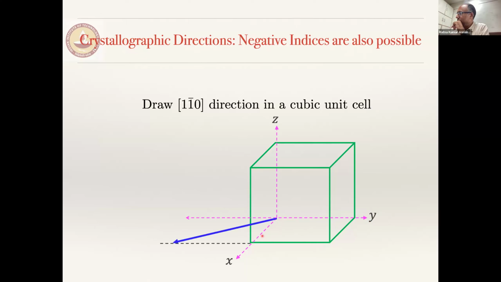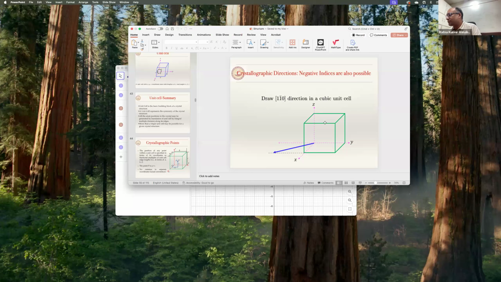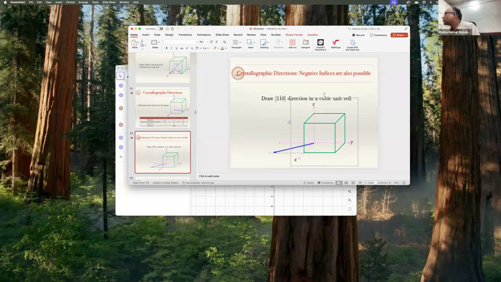I could actually put that because this is in the negative direction, or let me show you how the other thing can be done. Now when I stack it, you can see 1 bar 0. Now the origin is here, then that is how it is.